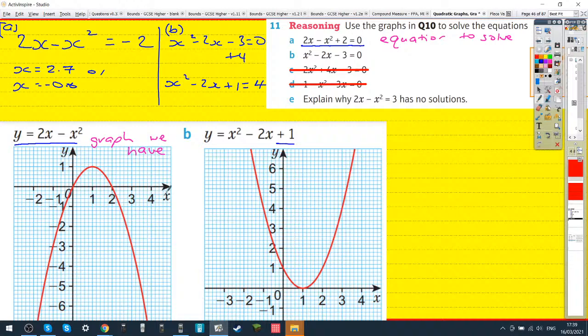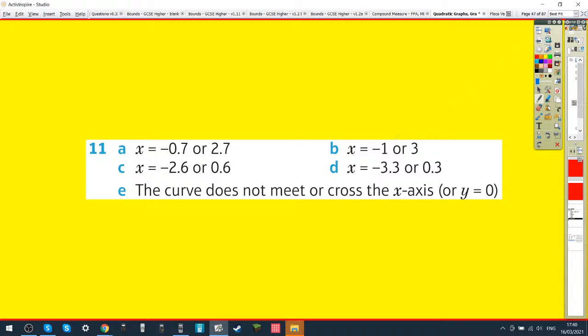So then on the graph, it is 3 or minus 1. X equals 3 or x equals minus 1. Great. That's it. Minus 1 or 3.